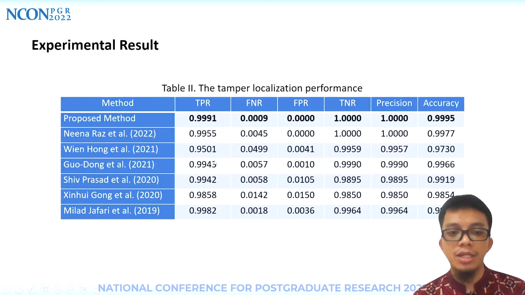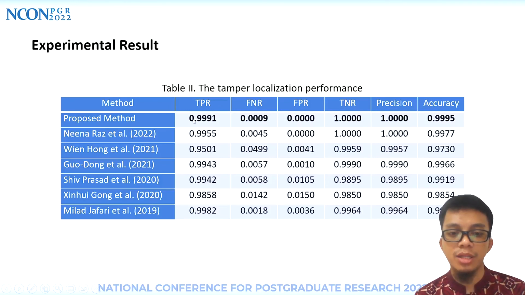In addition, we also compare the confusion matrix between the proposed method and the existing methods. It shows the true positive rate, false negative rate, false positive rate, and true negative rate. It also measures the precision and the accuracy in TPR and TNR.